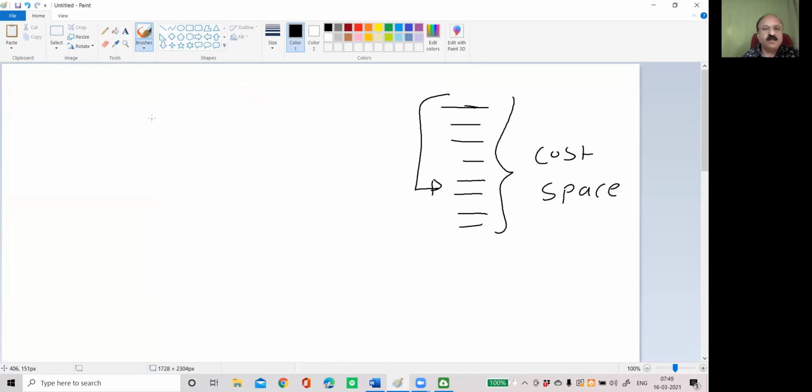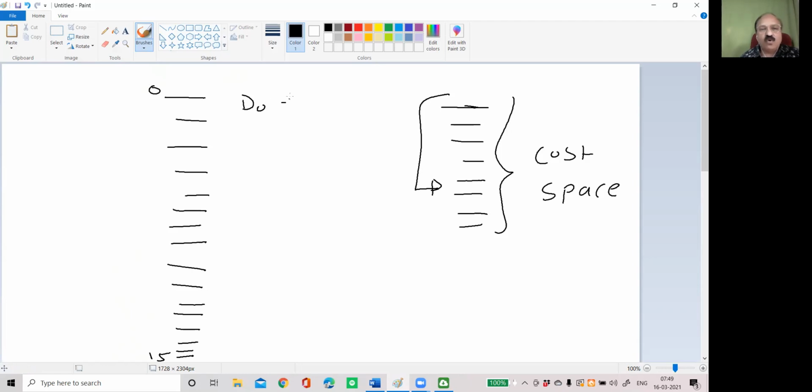So what is done is we have address bus 1, 2, 3, 4, 5, 6, 7, 8, 9, 10, 11, 12, 13, 14, 15. Total is 0 to 15. That is 16. Correct? Now, out of this, D0 to D7 is used for both address as well as data.